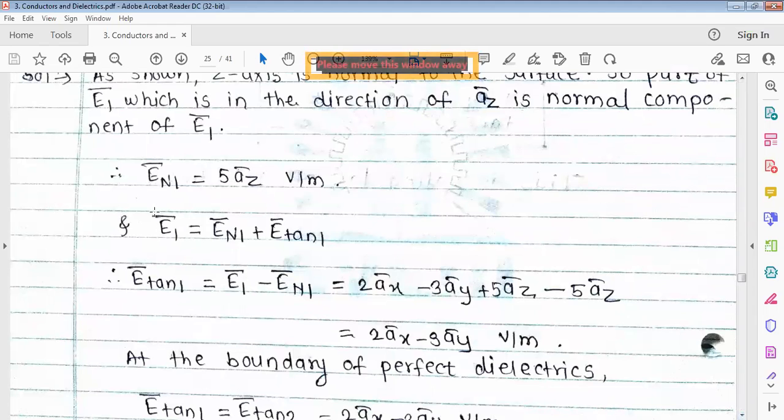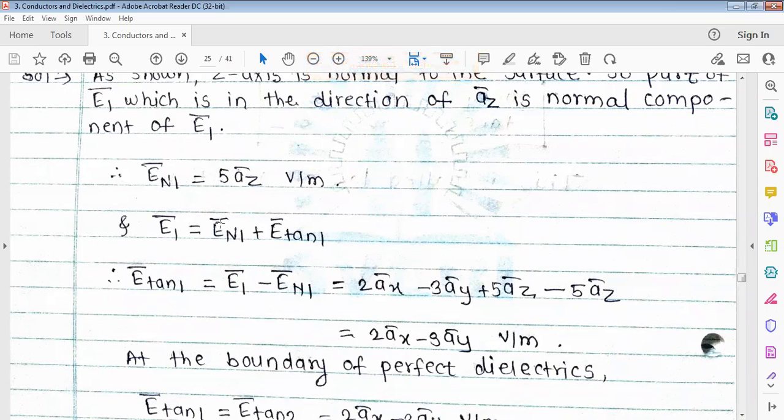Now we have to find the total E1 bar, and this total E1 bar is equal to E bar n1 plus E bar tan 1. So this E bar tan 1 is equal to E1 bar minus E bar n1.